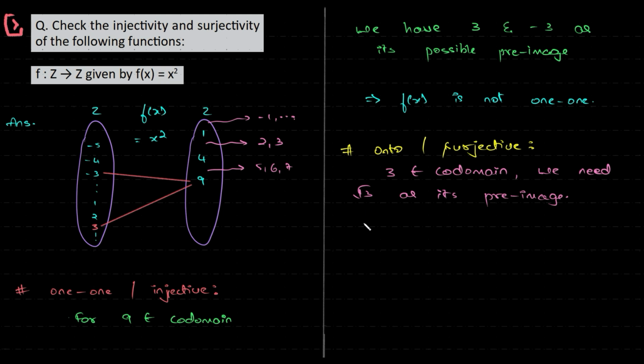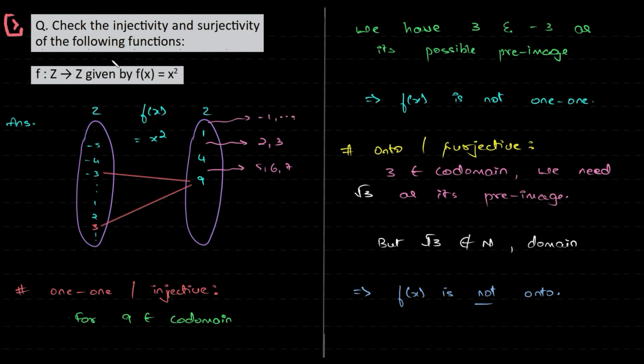Only if I give a value of root 3, it will square root 3 and will give an output of 3. But root 3 does not belong to natural number, that is your domain. And so from this I can infer that f of x is not onto.